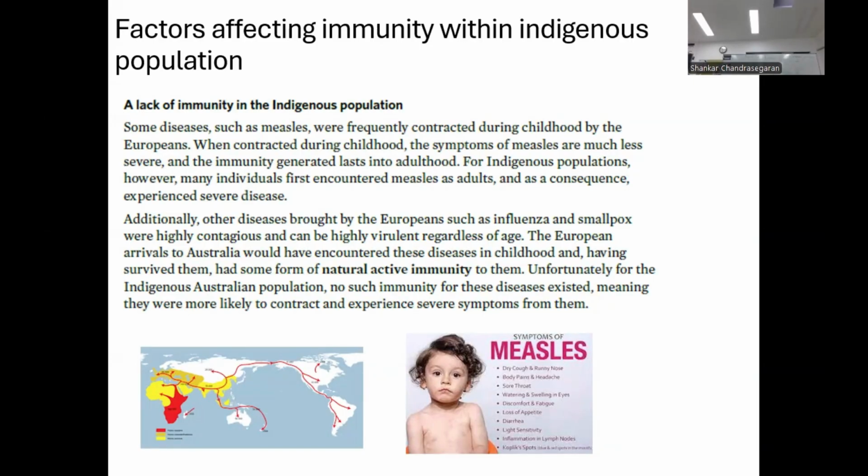Like we've talked about, smallpox and all those things basically hit the Aboriginal people in Australia without any warning, due to the fact that none of them had natural active immunity. Only after being infected can some of them even develop that. And that's why there was a lot of death early on. Any questions? Moving on.